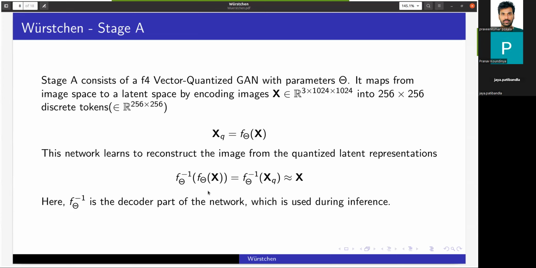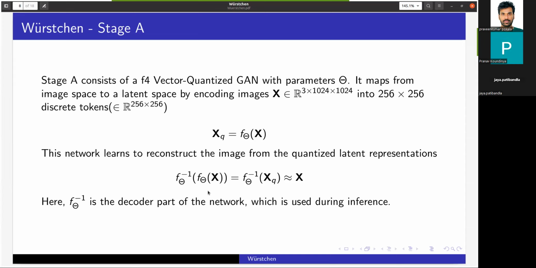Pranav, what is the code book size they chose in VQGAN? Is there any effect of it on results? I'm sorry, sir. So here there is a code book, right? Because they are operating in a quantized latent representation in stage A, that is the VQGAN. Correct. So what is the size of the code book? Is there any effect on the final performance of this architecture?